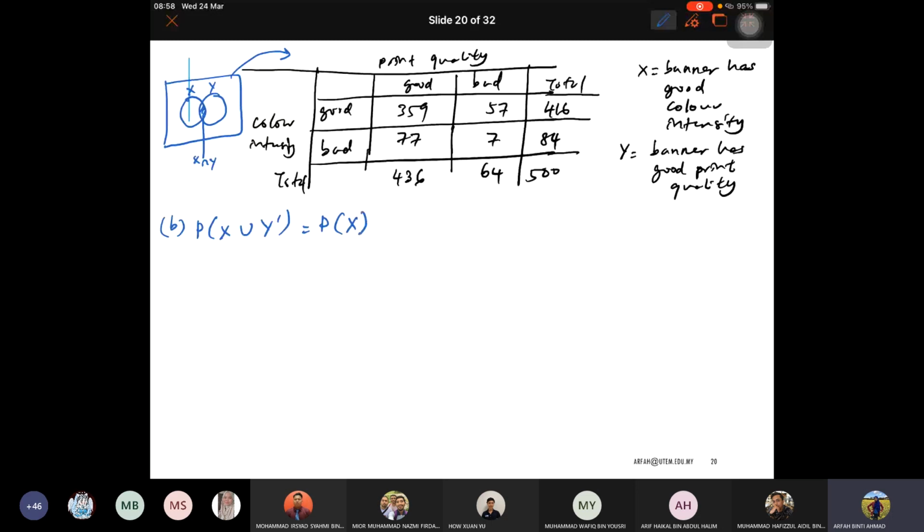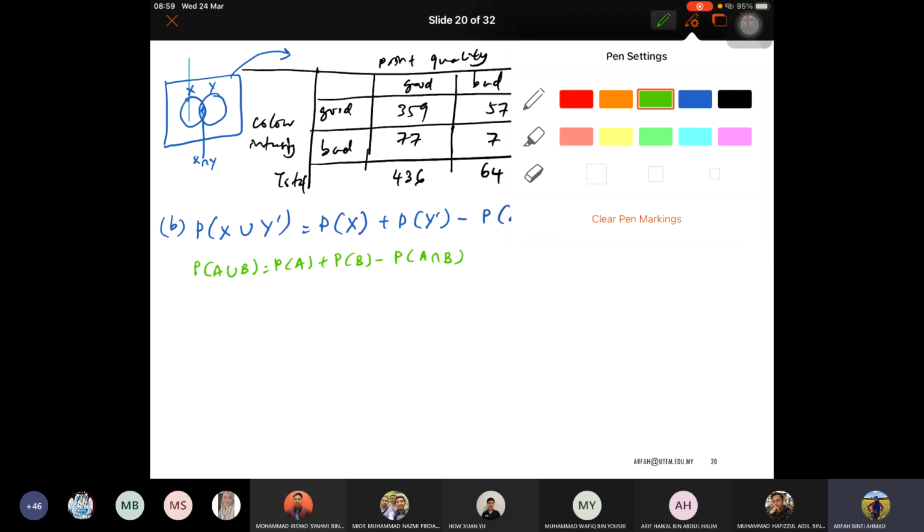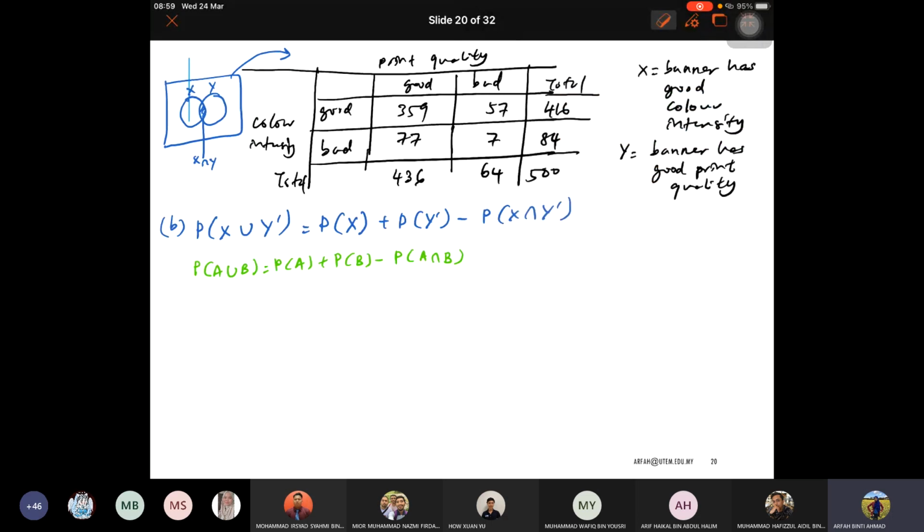Dia akan sama dengan probability of X plus probability of Y prime minus probability of X and Y prime. Okay. Sebab kita ada tadi daripada konsep kebarangkalian probability of A or B akan sama dengan PA plus PB minus PA and B. So gunakan sahaja yang ini dan sesuaikan dengan awak punya notation. Okay.